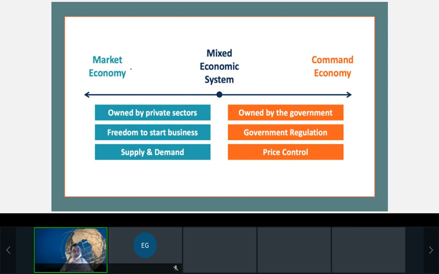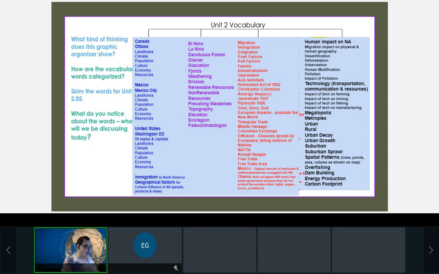So we have a mixed economy. There's always going to be a mix. You're never going to get, even China, who says they're communist, are not communist. Okay? There's always a mix. So most economies are mixed economies. You're never going to get to 100% market or 100% command. Everybody got that? Yes? Because you're going to see that a lot as we go on to different countries. Moving right along. Next slide, please.